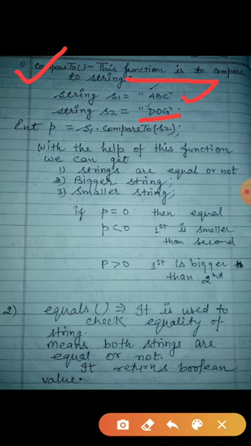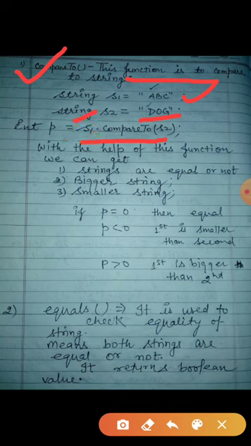You will write S1 dot. S1 means what? Your first string. First string means any string you can write here. S2 you can also write here, no problem. The string which you write here will be called the first string. Suppose I have written S1, so S1 is the first string.